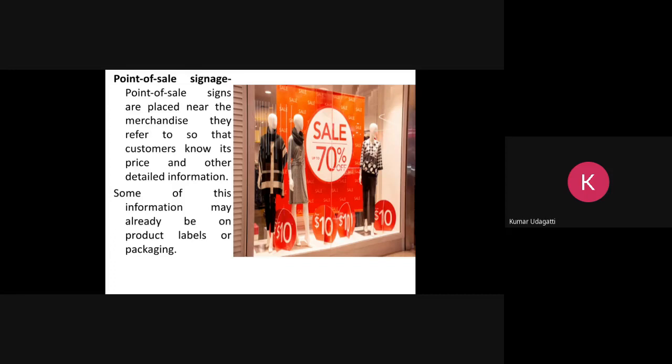Some of this information will already be in the mind of customers, related to product labeling as well as packages. So this is purely a type of buying that immediately provokes any customer to buy, though he had not planned to buy it when coming to the store. You are converting his mindset and making him a very impulsive buyer.